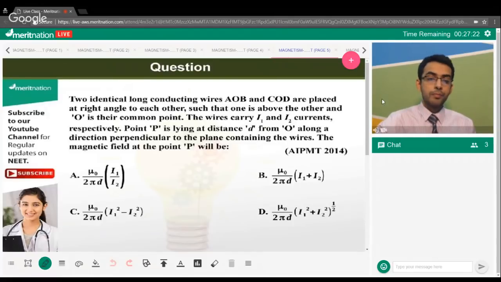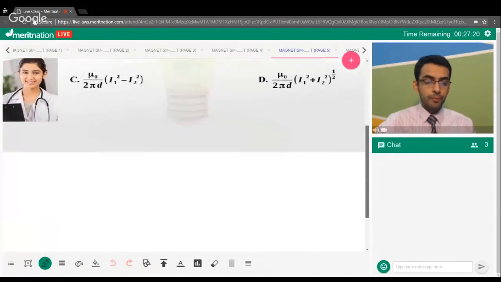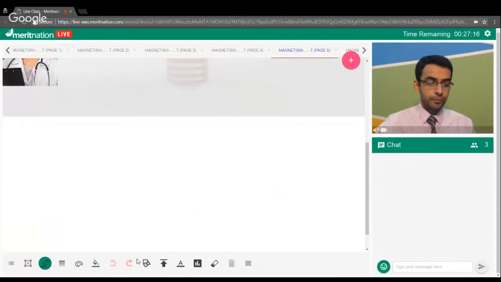Let's make the diagram first. Suppose this is your y axis, this is your x axis, and this is z axis.